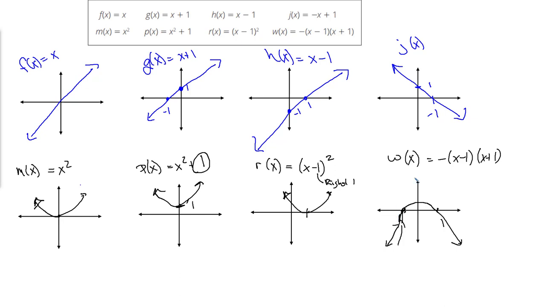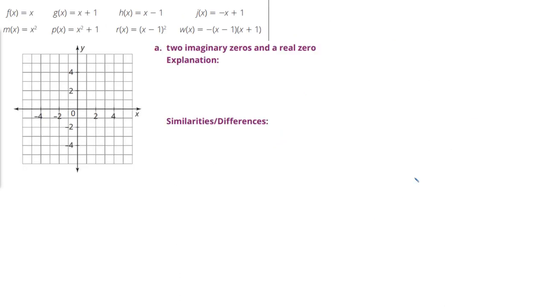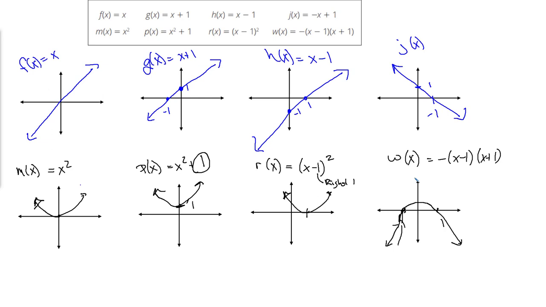Okay, now we're going to use this information to help us graph. And so if I want an imaginary 0, that means if I want something imaginary, what can it not do? Can't cross the x-axis.